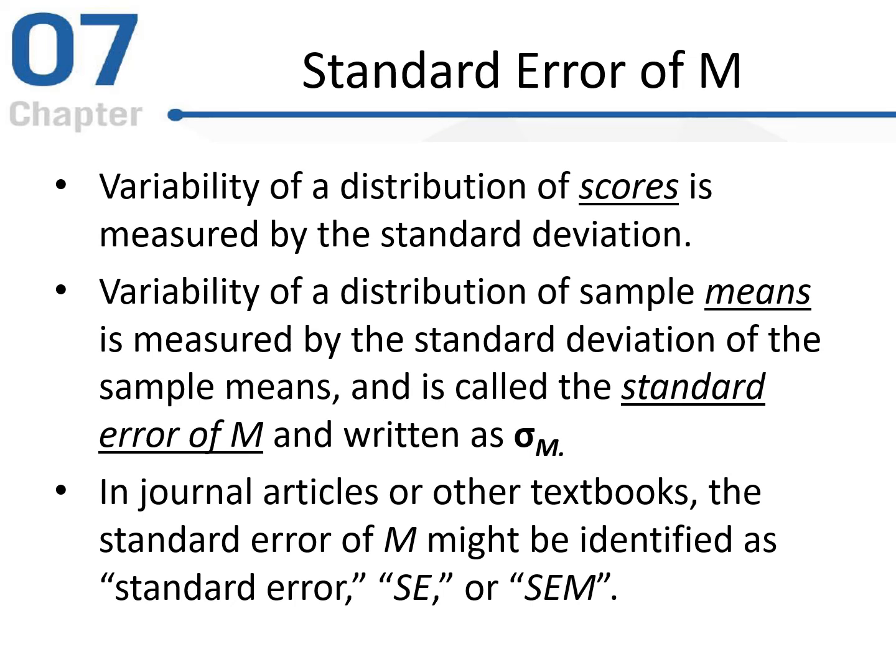And the standard error of the mean is the standard deviation of that sampling distribution of the mean. So once you calculate that sampling distribution of the mean, which is all possible means of a given size, and you plot it all out, if you were to calculate the standard deviation of that sampling distribution of the mean, it would be known as the standard error of the mean, which is written as sigma sub m.